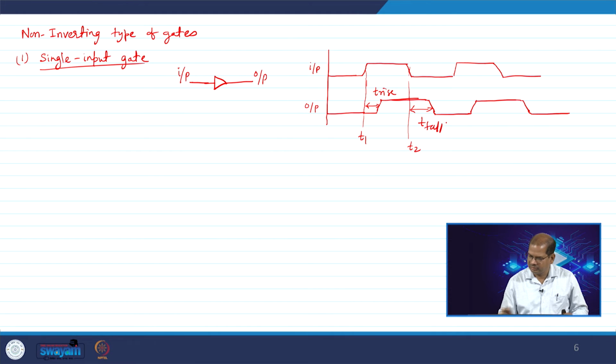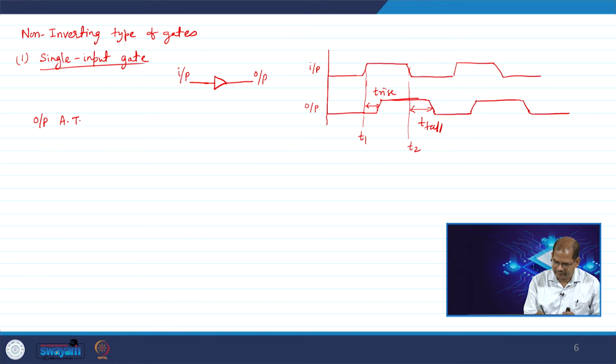Now if I write my output rise arrival time, that will depend upon my T1 plus T rise. What is this T1 actually? T1 is basically input rise arrival time plus rise delay.